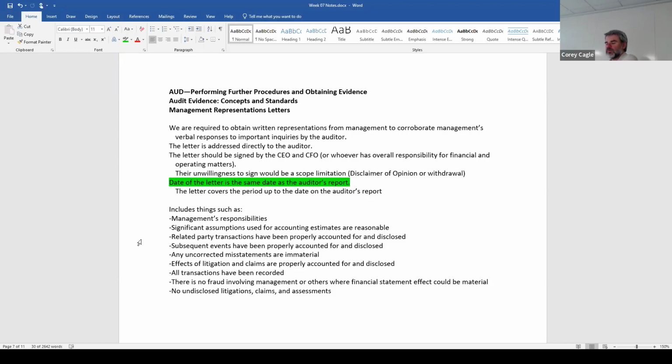Any uncorrected misstatements at this point are immaterial. We have properly disclosed the effects of litigation and claims. We have recorded all the transactions. There's no fraud involving management. There's no undisclosed this, that, or the other. That's the type of thing you'll have in a rep letter. So pretty easy to kind of look at and study about.